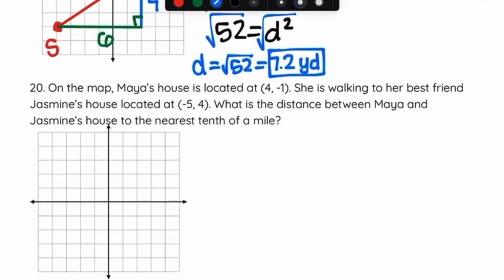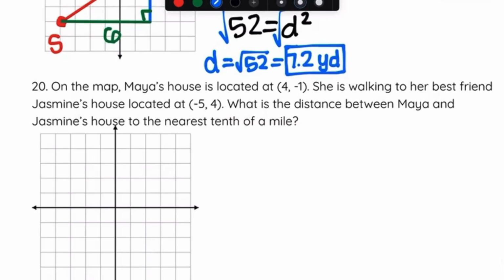And last one, we have a map, we have Maya, and we have Jasmine. So, positive 4, negative 1 is Maya's house. Negative 5, positive 4 is Jasmine's house. So there we are.